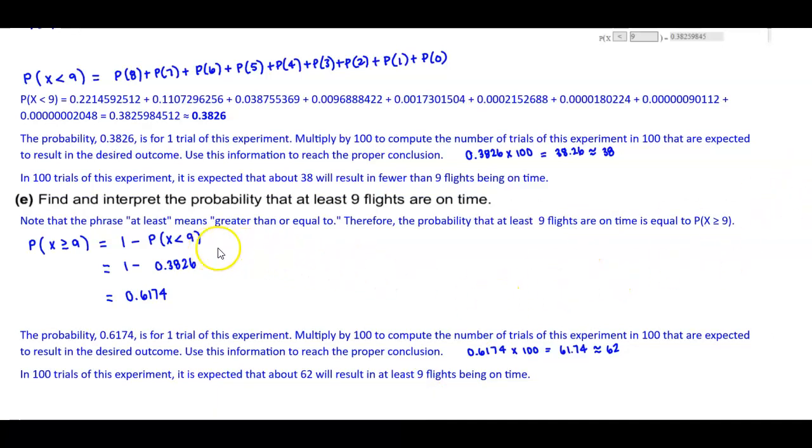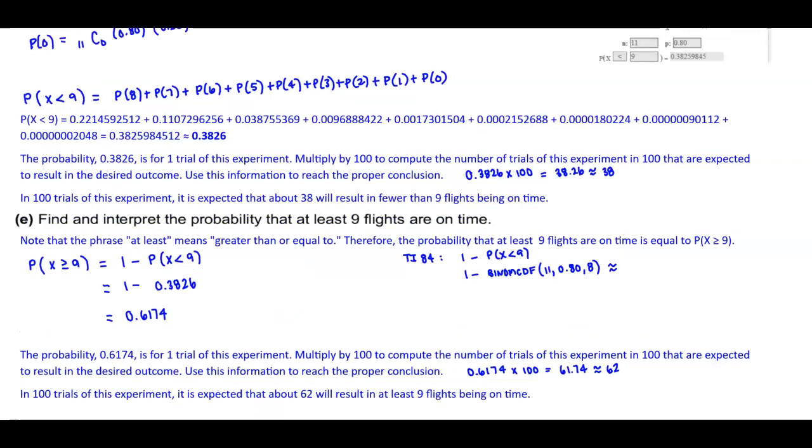Okay, now if we wanted to do this on the TI-84 calculator, we would take the value of 1 and subtract the probability of x being less than 9. If you recall, this is 1 minus the binomial CDF, cumulative, when n is 11, our probability is 0.80, and we are using 8 because this is less than.